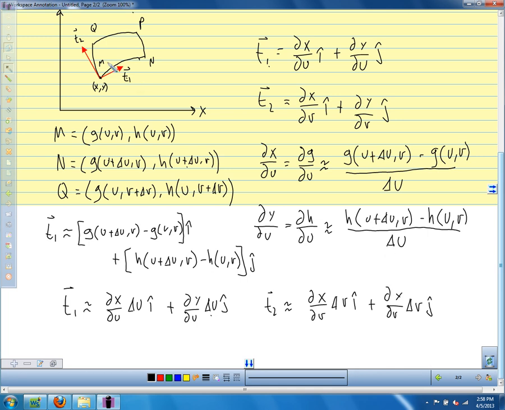The area of this parallelogram, and again we're saying delta u and delta v are very small, is going to be the magnitude of the cross product of these two vectors. So we're going to form the cross product of t1 and t2 and find the magnitude of that cross product.